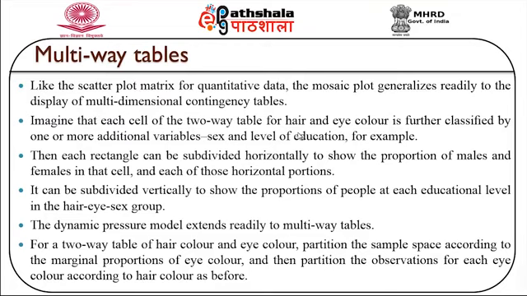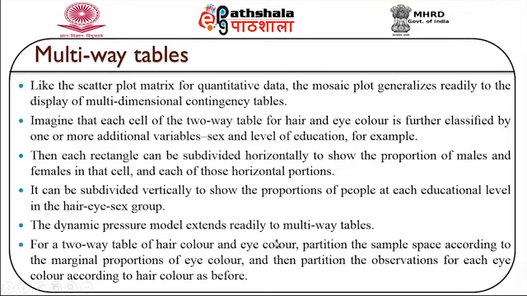For example, then each rectangle can in turn be subdivided horizontally to show the proportion of males and females in that cell, and each of these horizontal portions can also be subdivided vertically in turn to show the proportion of people at each educational level in the hair-eye-sex group. The dynamic pressure model extends readily to multi-way tables.